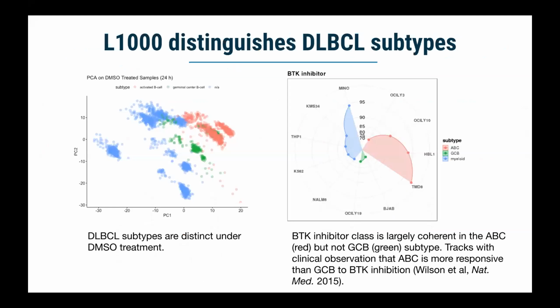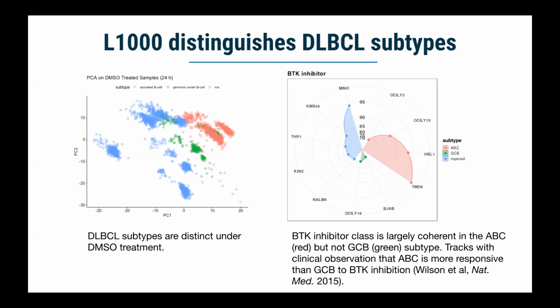Taking a look at the hematopoietic data set, we focused in on a compound class called BTK inhibitors, Bruton's tyrosine kinase, which is only expressed in hematopoietic cell lines. We then drilled into the hematopoietic cell lines that we profiled, in which there are a few different subtypes of diffuse large B-cell lymphoma, including the ABC and GCB subtypes. The plot on the left is a principal component analysis of the DMSO samples from this data set.